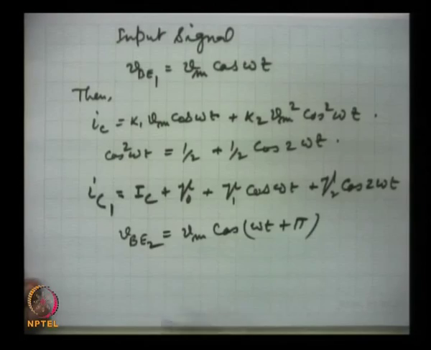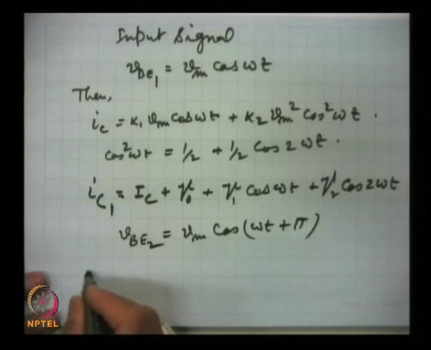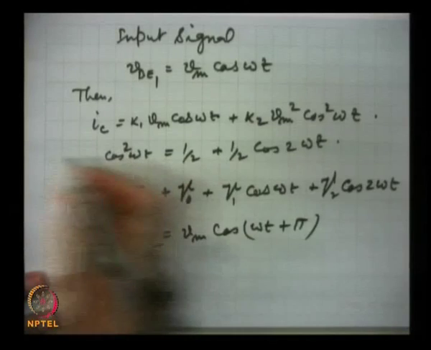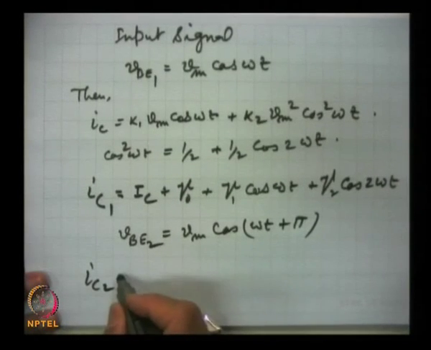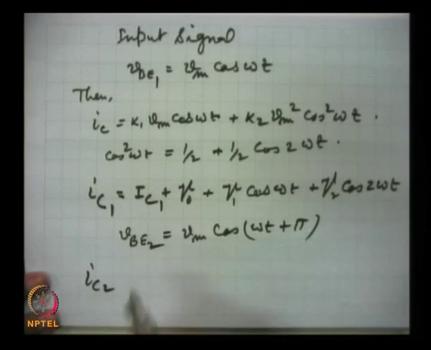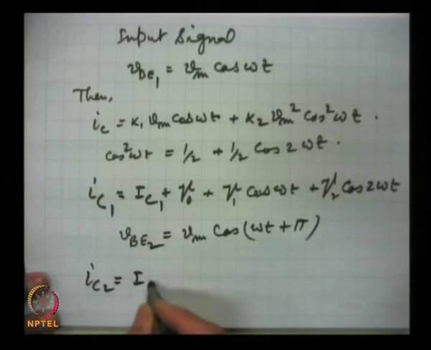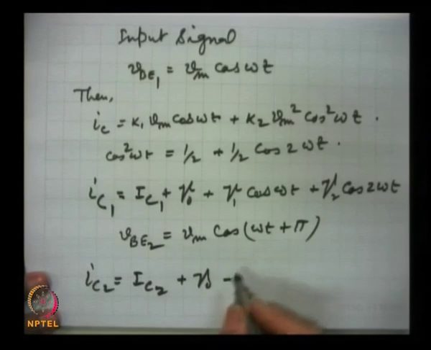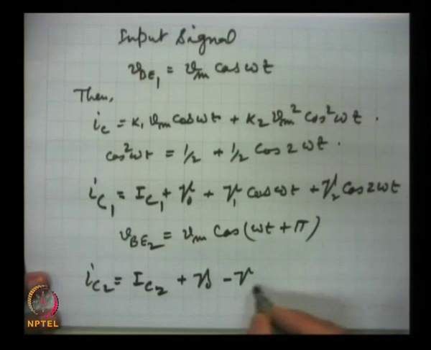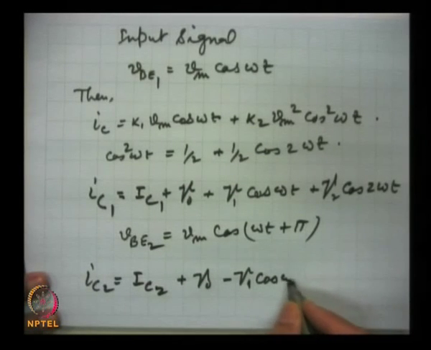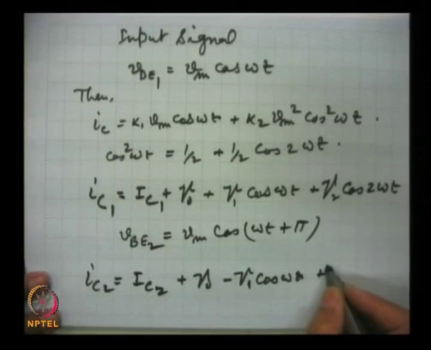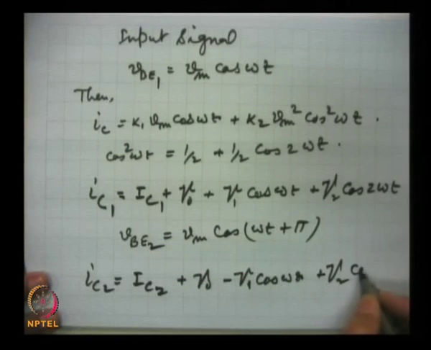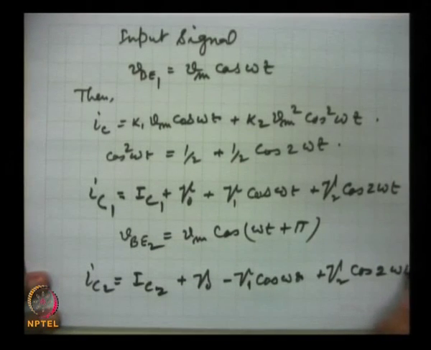For the lower one, we get another equation in a similar way, IC2 equals gamma 0 minus gamma 1 cos omega t plus gamma 2 cos 2 omega t.